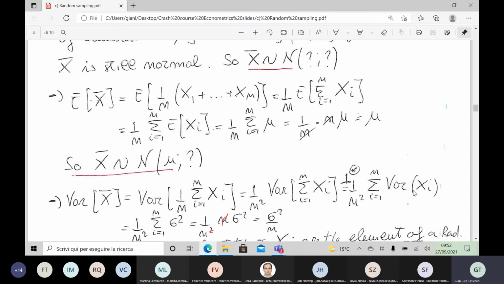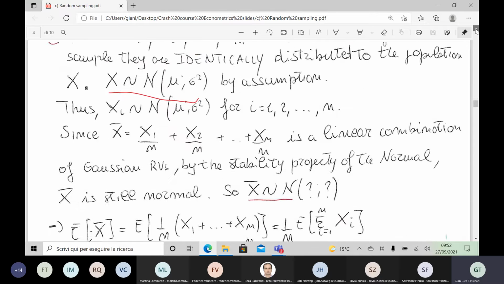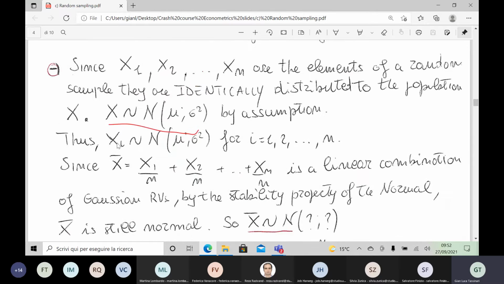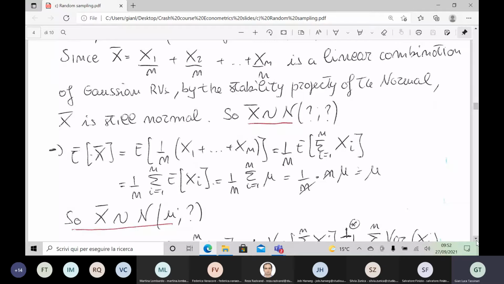But now, what is the variance of xi? Again, the xi are the elements of a random sample, so they have the same distribution of x. So the variance of xi is equal to the variance of x, which is sigma squared. So the variance of xi for i equal to 1 to n is always equal to sigma squared.